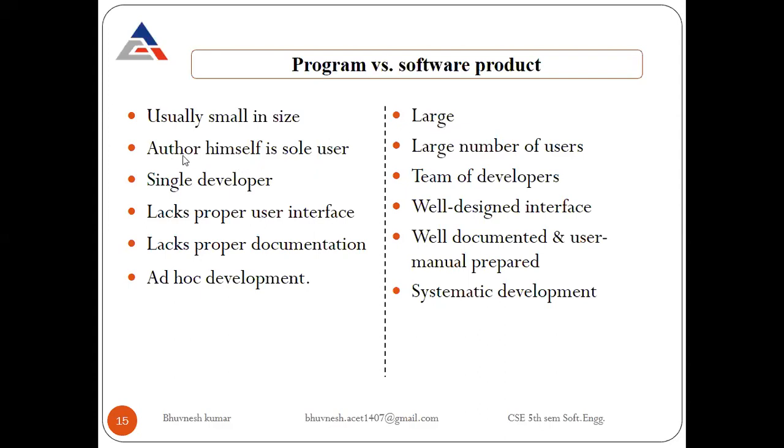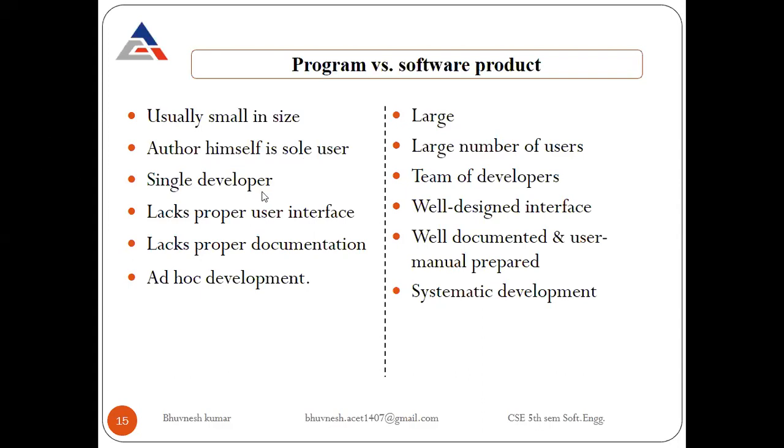In a program, the author himself is the sole user. If I am creating a program, I am the sole user, I am using it. But if I am making a software product, a large number of users exist. Users are maximum in a software product. Then a single developer is there in a program, a single developer who is making that program.